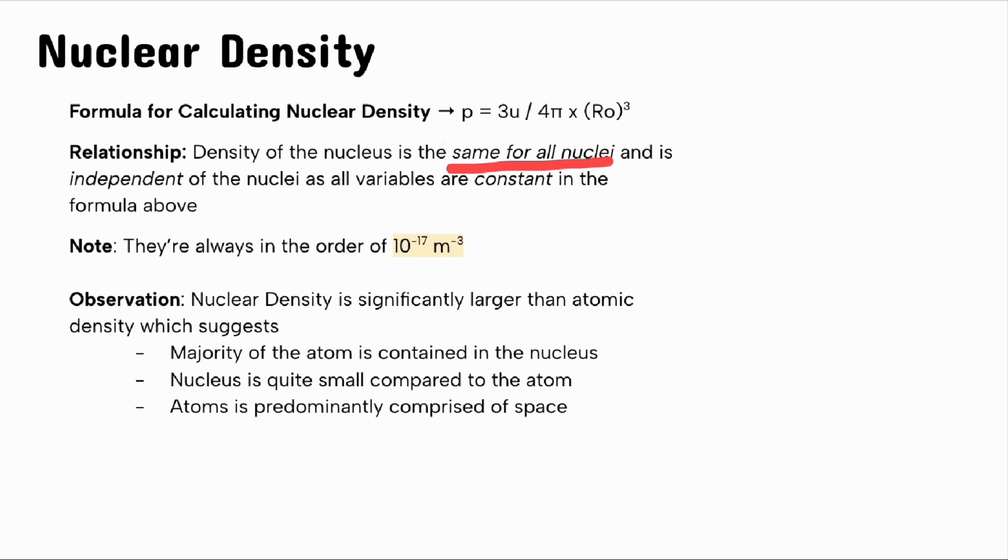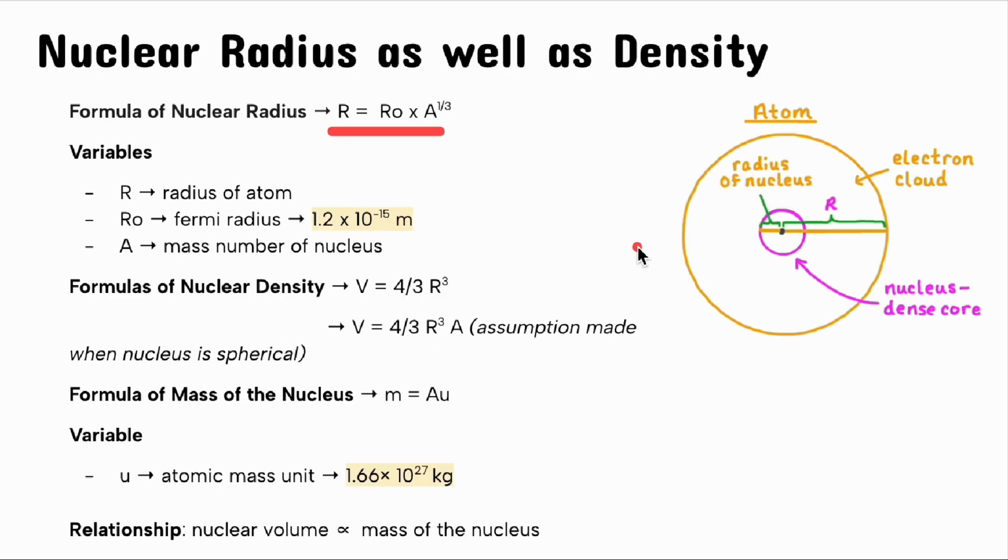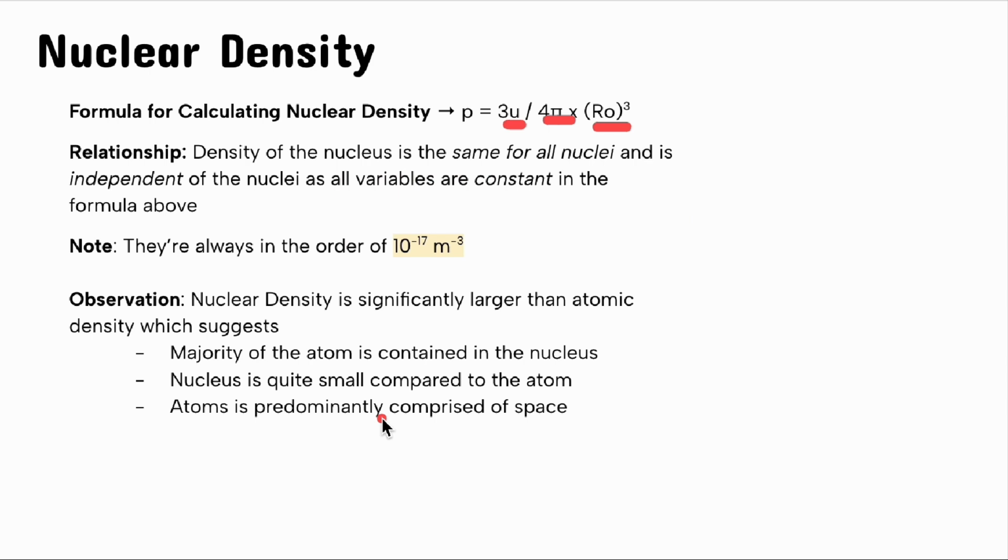And it's independent of the nuclei, as all variables are constant in the formula above. So pi is constant, u is constant, and so is R0, the Fermi radius. This is the value, u has this value, and then pi, it is either 22/7 or 3.14.